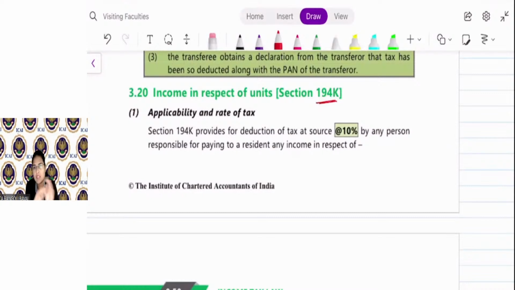Then suppose XYZ Limited purchases the same software; then TDS is not required to be deducted again. Why? Because the agency has not modified the software and it is directly installed in the system of the company as it is purchased.